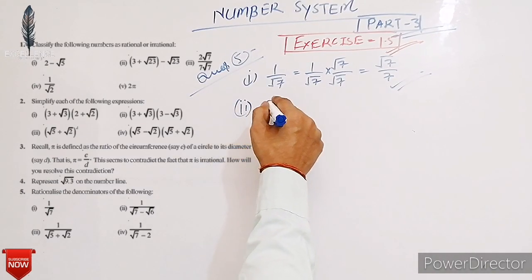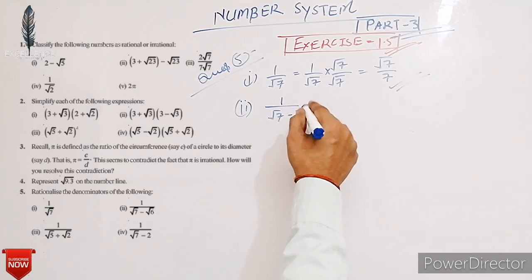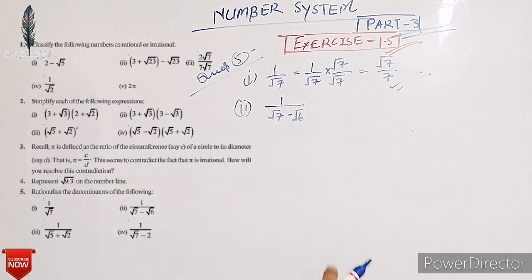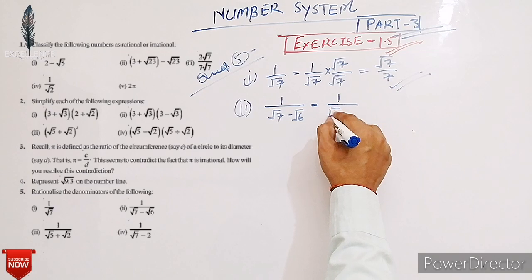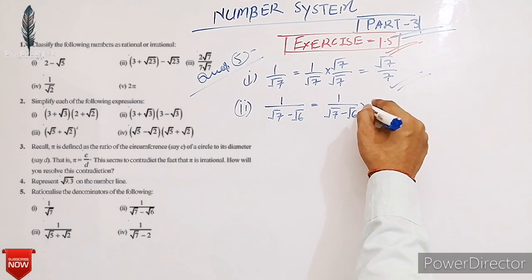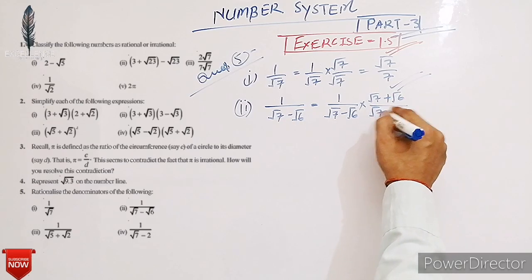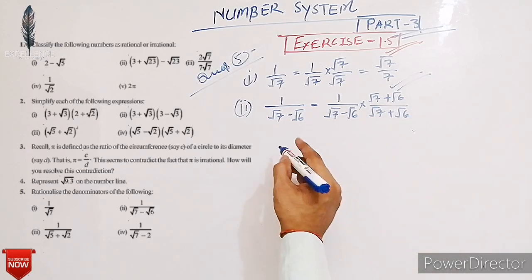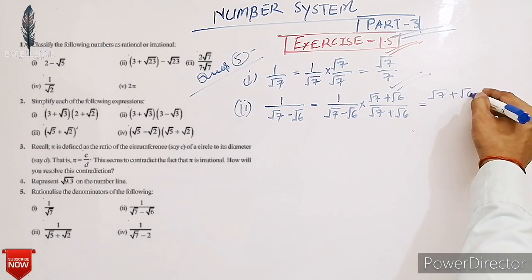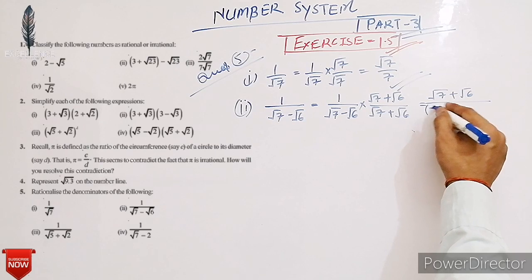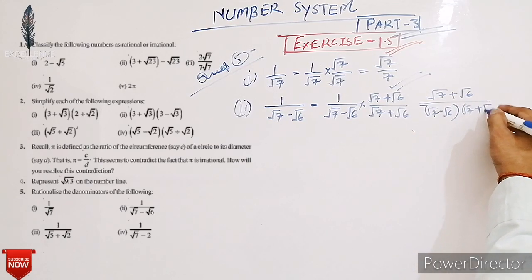Now second, 1 upon under root 7 minus under root 6. To rationalize the denominator of 1 upon under root 7 minus under root 6, we multiply and divide it by under root 7 plus under root 6. Okay. So here it is equal to under root 7 plus under root 6 upon under root 7 minus under root 6 into under root 7 plus under root 6.